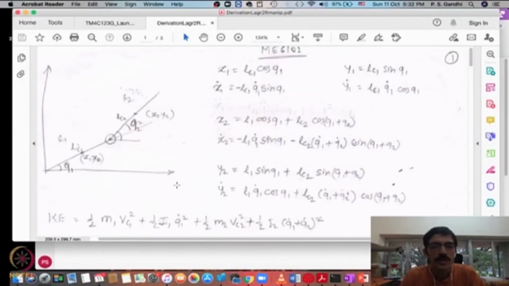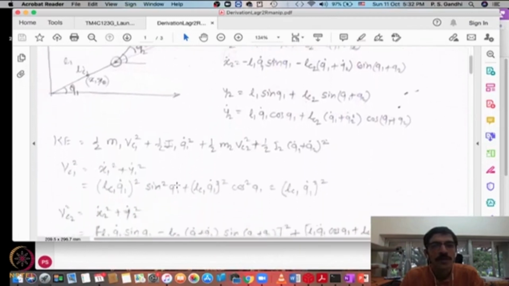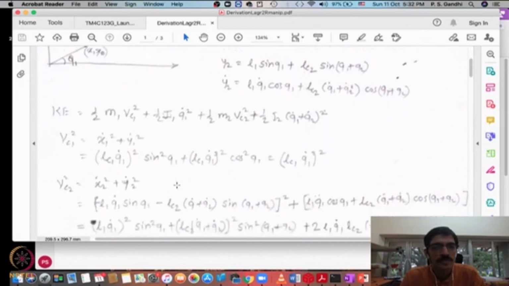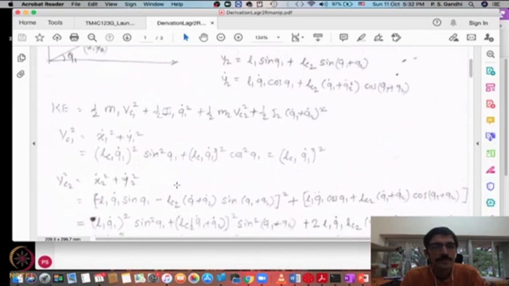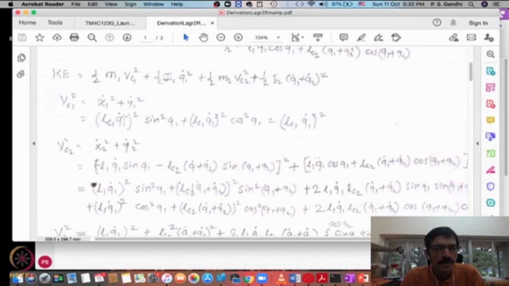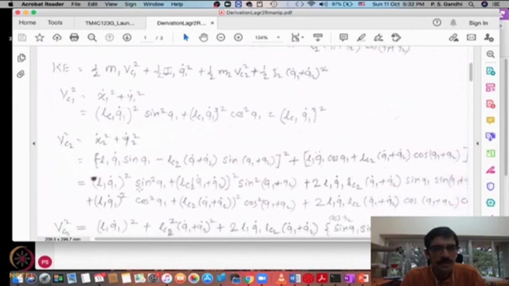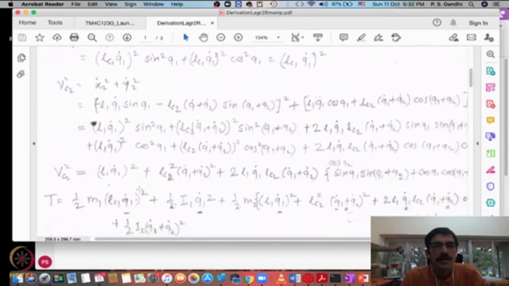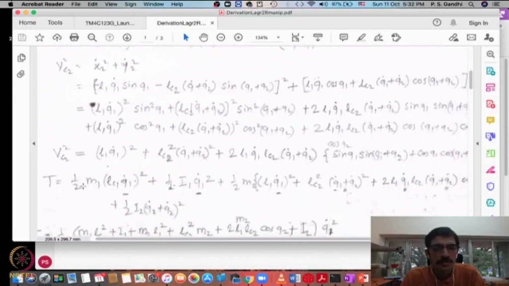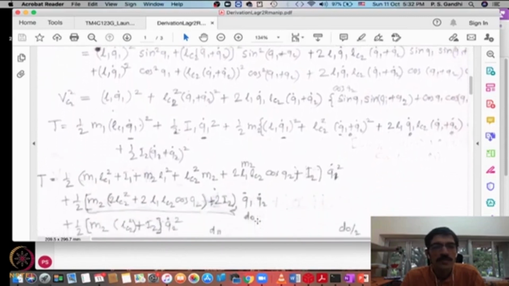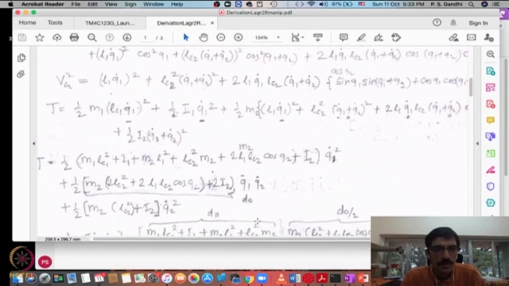So look here, we have written the expression for kinetic energy, now not in the Jacobian form, but as complete expressions, and then they are simplified here, Vc1 square, Vc2 square. There is some simplification that happens there, and then further you develop this complete form of kinetic energy here, and start collecting some terms to express this kinetic energy in the form of something times q1 dot square only, then something times q1 dot q2 dot terms here.